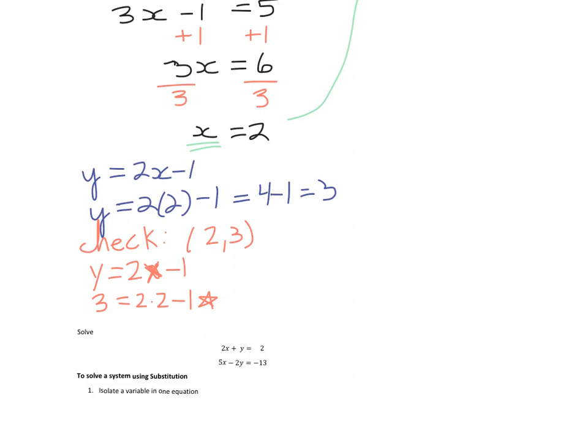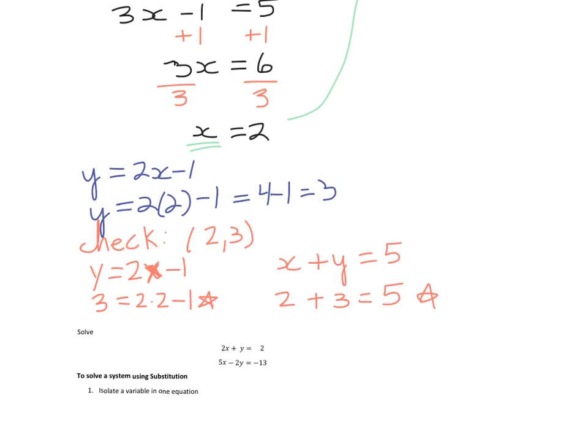Correct. And now the other equation, x plus y equals 5. Does 2 plus 3 equal 5? Yes. So since these are both true, (2, 3) works for both, so now we know it's a solution. All right, so that's essentially how we're going to be using the substitution method.